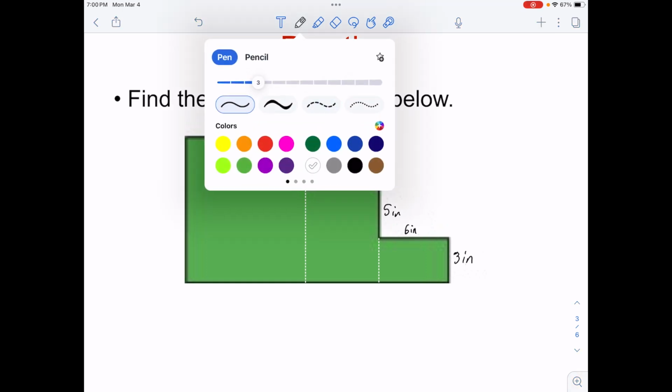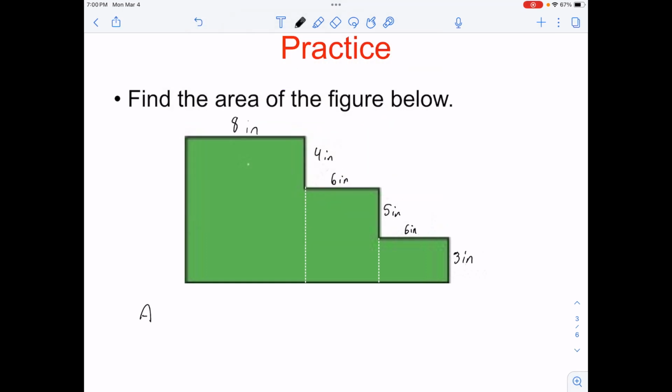So to get the area of the composite shape, the area, A means area, the area of the composite shape is going to equal the area of rectangle 1 plus the area of rectangle 2 plus the area of rectangle 3.